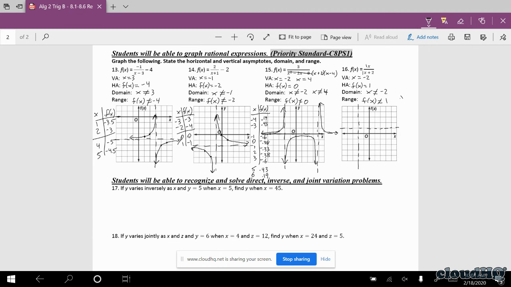Make a table of values surrounding -2. So we could go with -4, -3, and then -1 and 0. So we would get -4 over negative, that's 2. Plug in -3, we get 3. Plug in 1, 1/3.